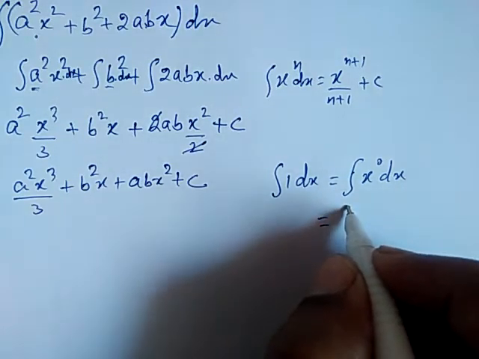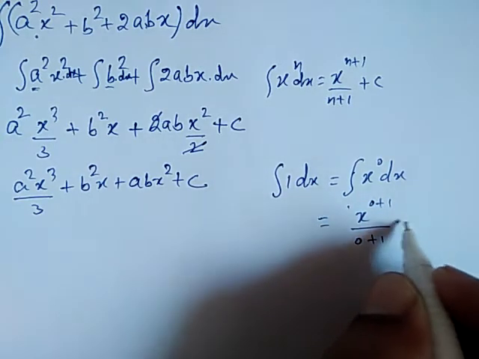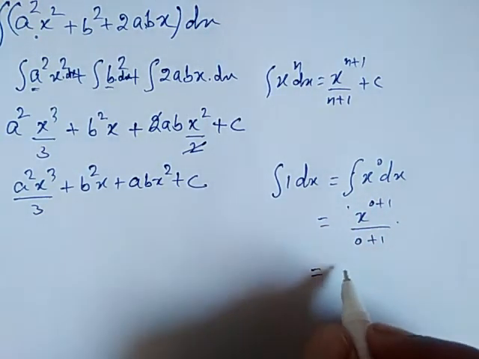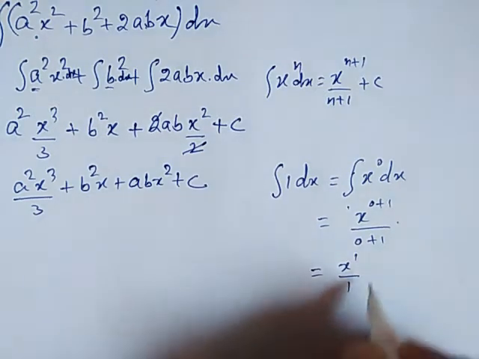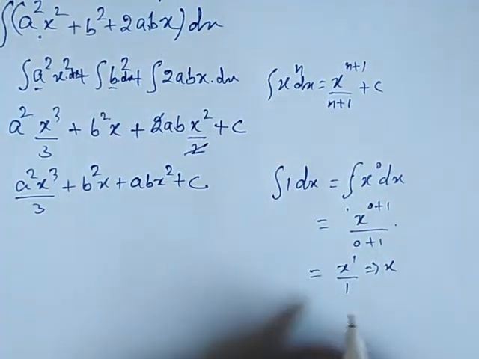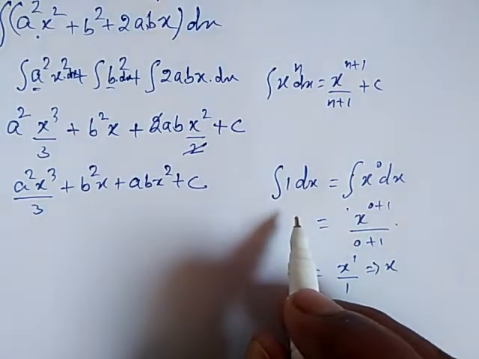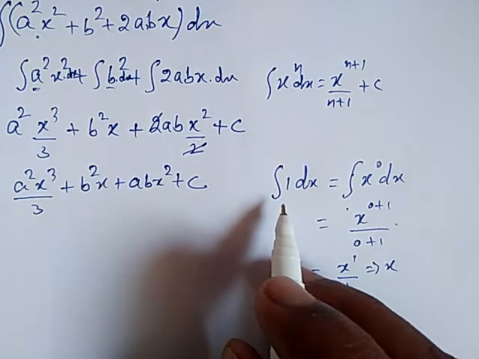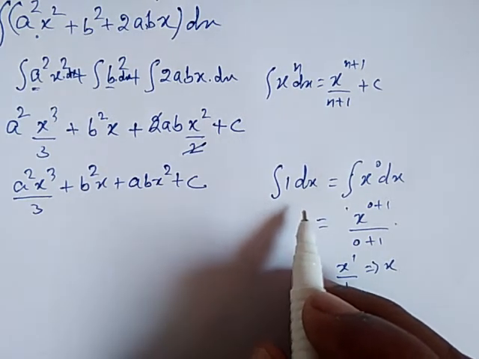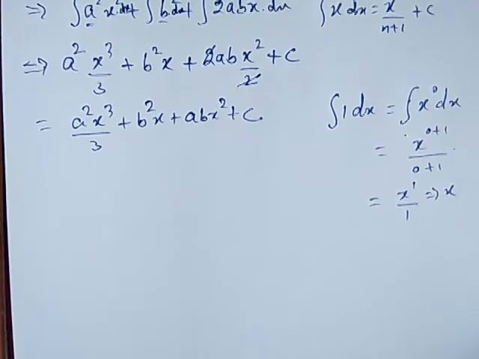This can be written as x to the power of 0 plus 1 divided by 0 plus 1, so x to the power of 1 by 1, that is nothing but x only. Suppose the integration of 2 is there, it is 2x; integration of 3 is 3x; integration of 10 is 10x. Like that you can remember. So this is the answer.